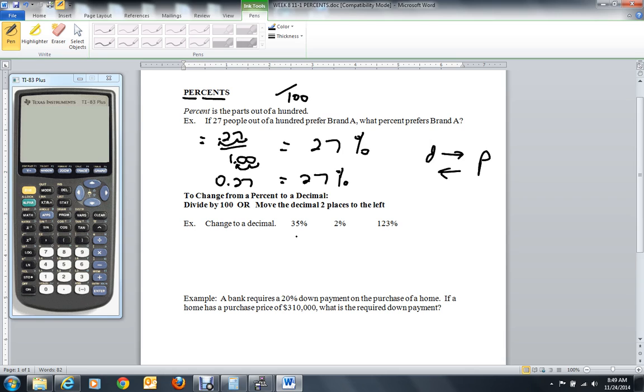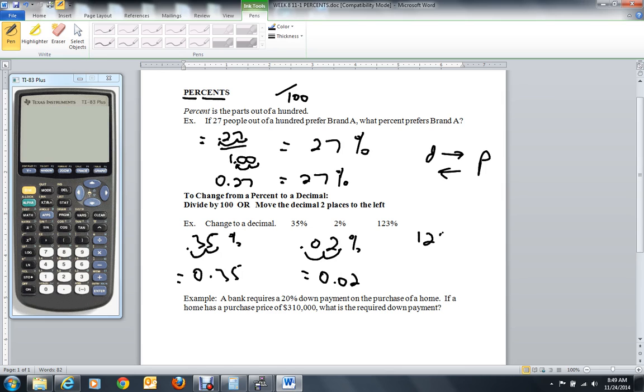So for example, 35%. If you don't see the decimal, it's always on the end. And we want to go from a percent to a decimal, so we're going to go 2 places to the left. 1, 2. So that means 35% is the same as 0.35. When you see 2%, if you don't see the decimal, it's always on the end. We want to go from percent to a decimal, so that's to the left, 1, 2 places. You end up with 0.02.